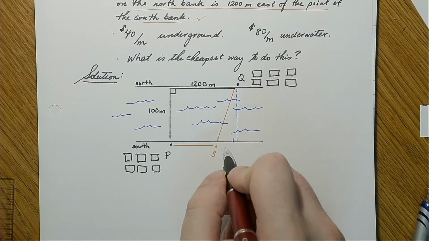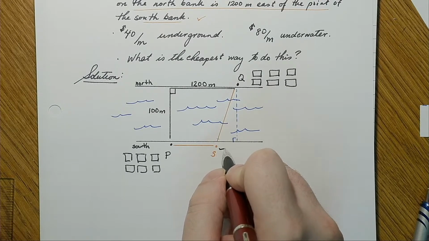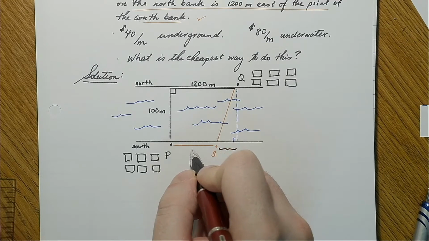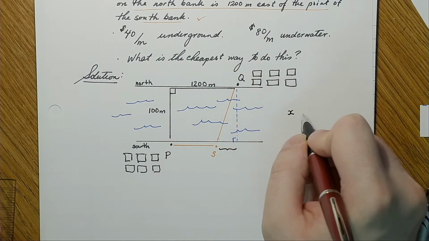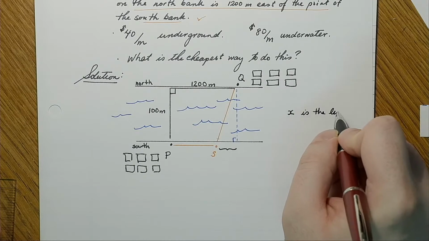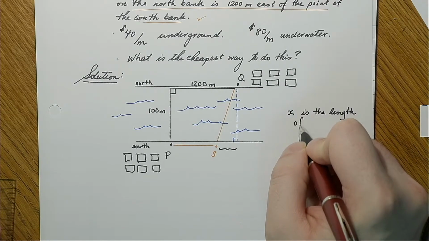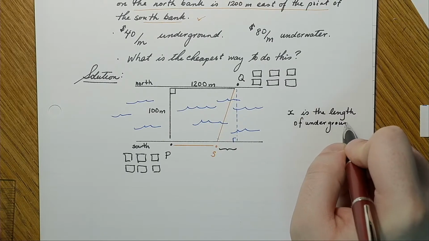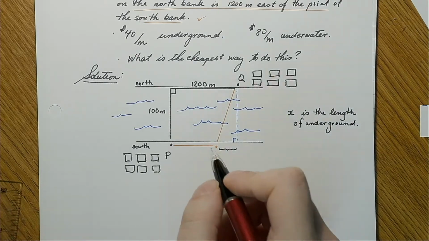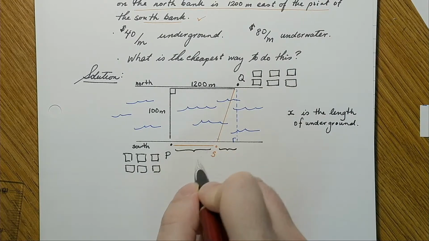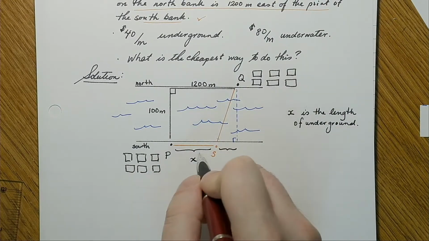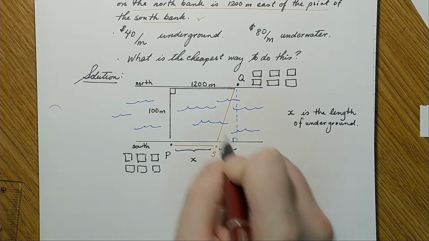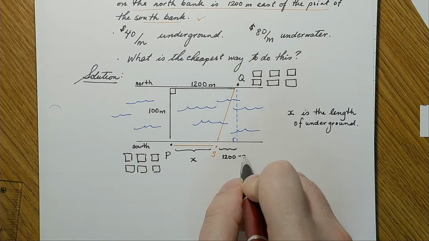And here, let's introduce our variable. So we're going to say that x is the length of underground, and over here I'll put that as x, which means that this remaining part right here should be 1200 minus x, because the entire length is 1200.